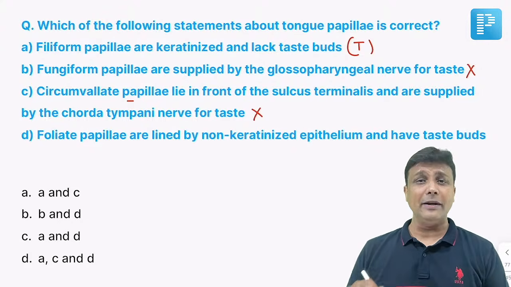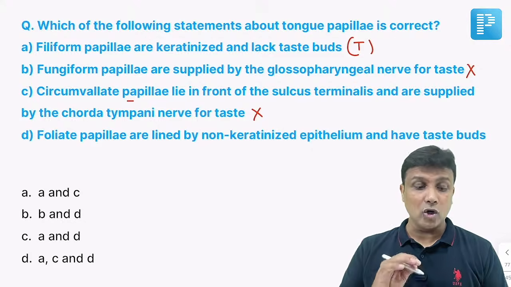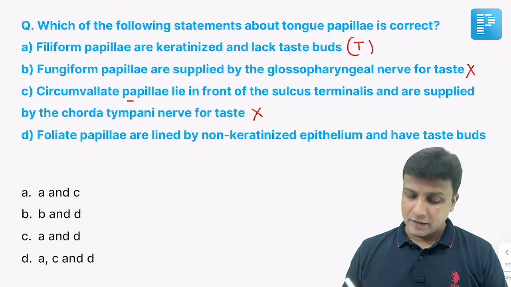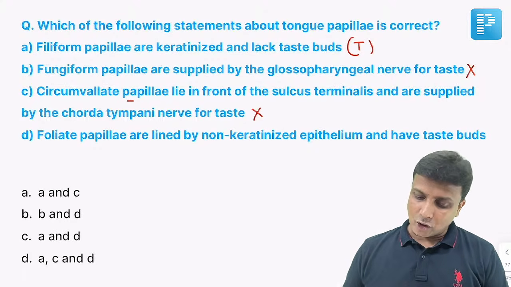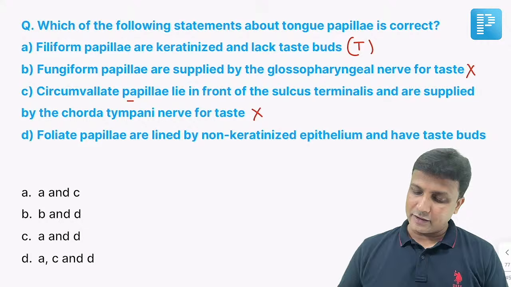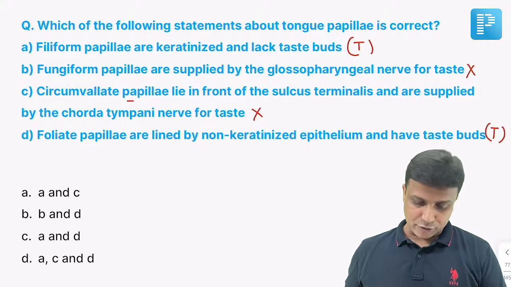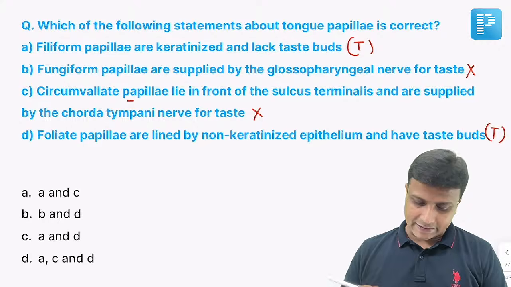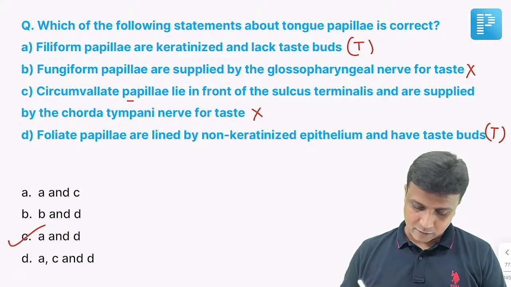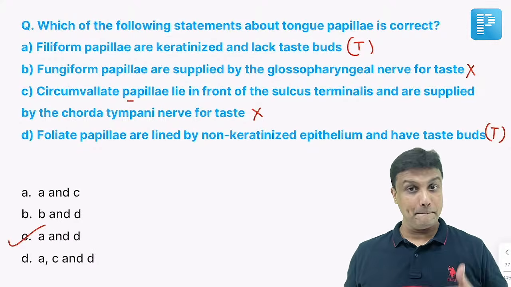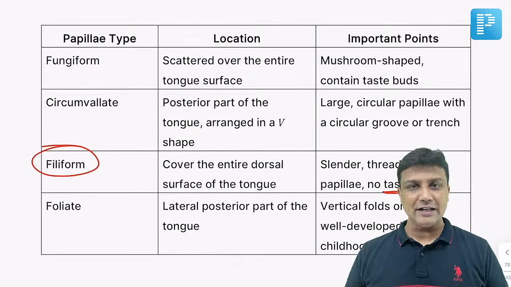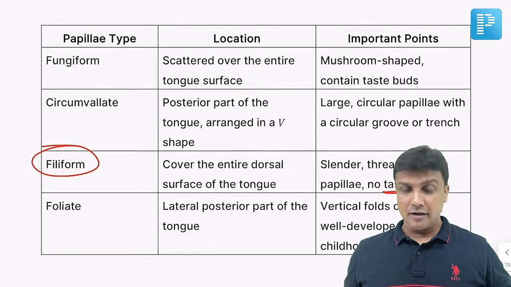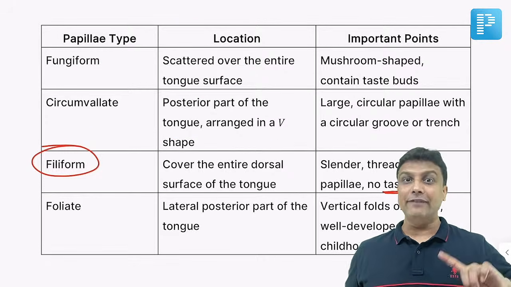Because circumvallate papillae are supplied by the ninth nerve, glossopharyngeal nerve, not the seventh one. Foliate papillae are lined by non-keratinized epithelium and have the taste buds. This is also a true statement here. So the true statements here will be A and D. Therefore option C will be the right answer here. Perfect. Already we have discussed in detail all the papillae present in the tongue in the very beginning itself.